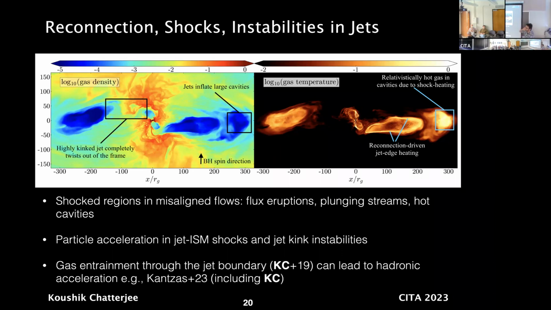Another thing we can do is look at the Bernoulli parameter for this gas and look at whether it crosses into the unbound regime. Yeah, because the temperature is so high over here, the enthalpy alone would push it over into the unbound region.